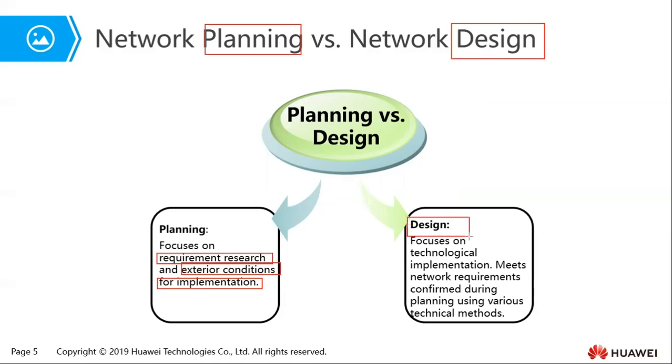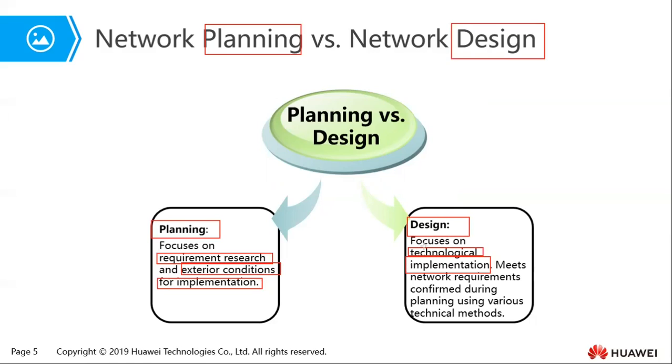Now, what about design? Design, on the other hand, focuses on technological implementation. While here, on planning, we can have a technological roadmap where, depending on the user requirements, we know that for us to implement this is the direction we need to follow.